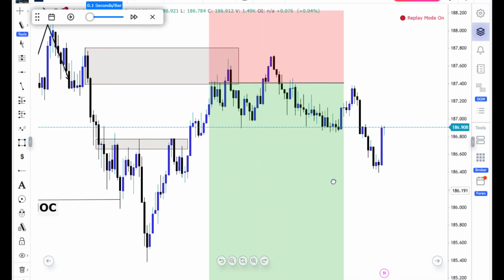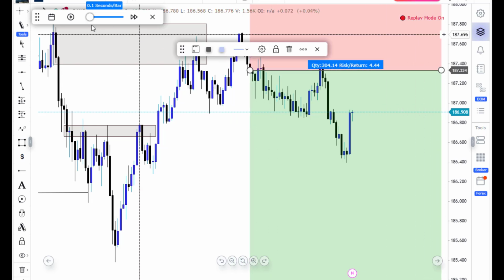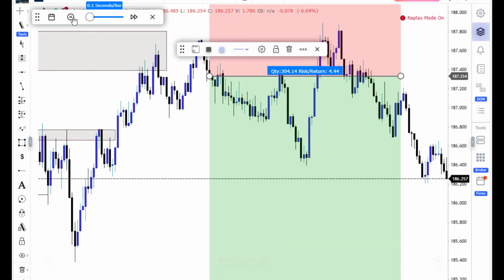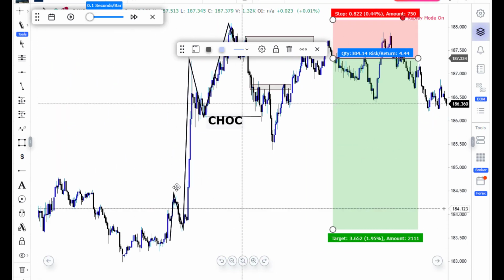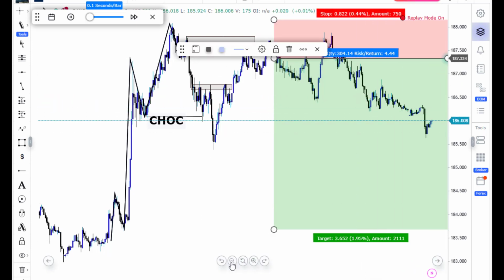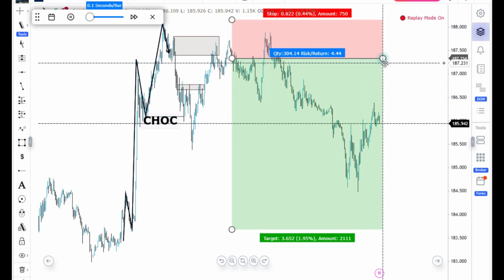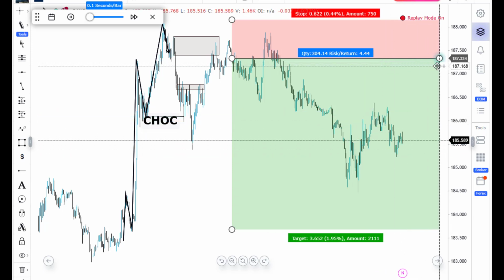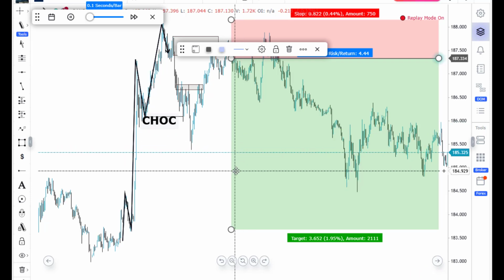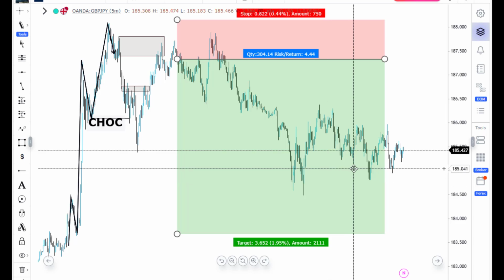Okay, so basically let's extend this. Okay, so that's where we currently have price now.